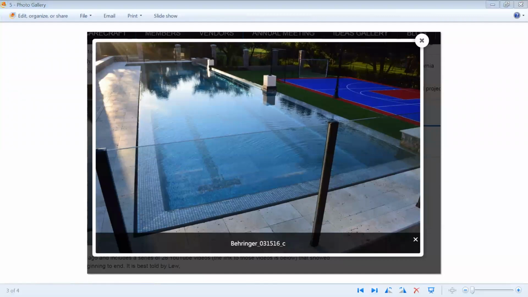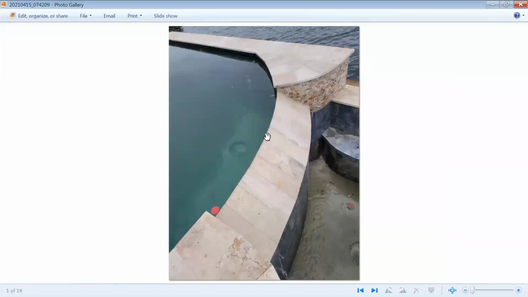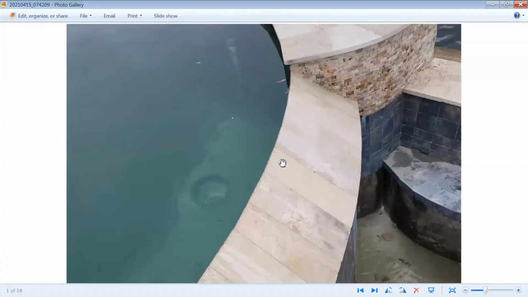Just another comment too. So let's talk about what happens after the pool's finished, and let's say that, for example, the pool shifts. Say it shifts a little bit, because that does happen. And sometimes one edge will actually be higher than another edge. If you have a limestone material, for example, that I mentioned earlier, then the limestone can actually be ground in the future.